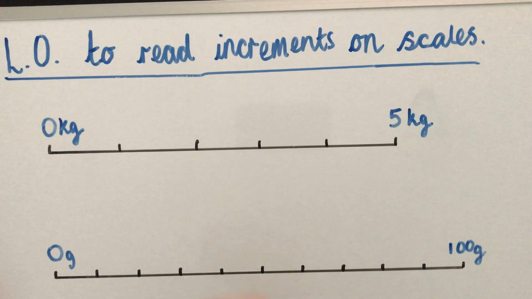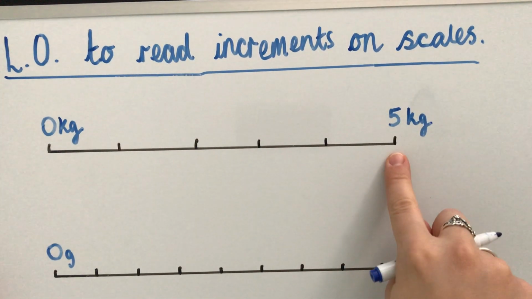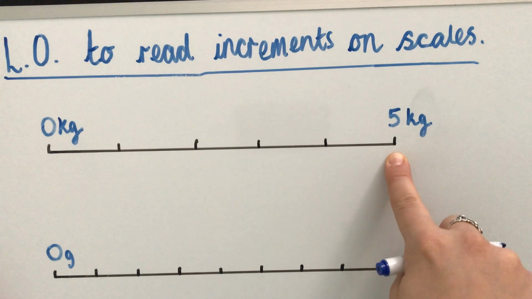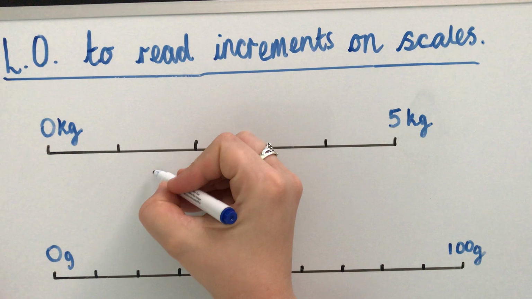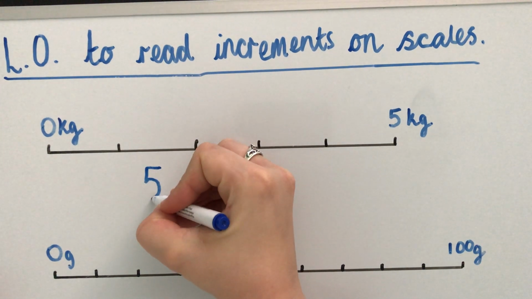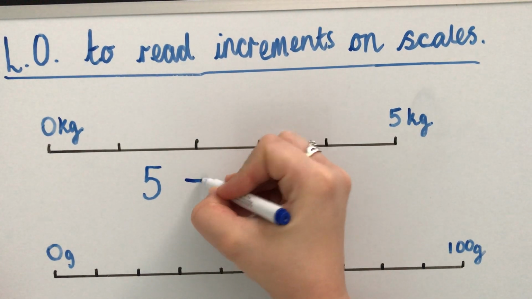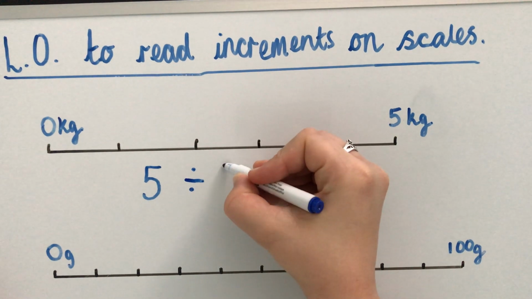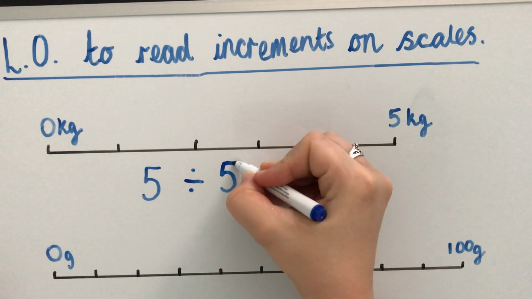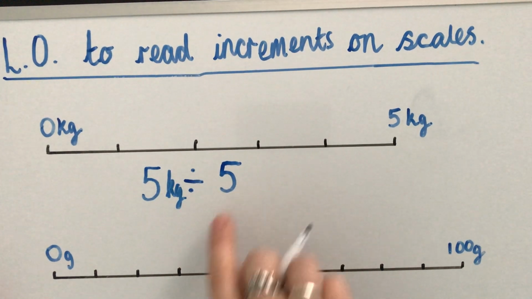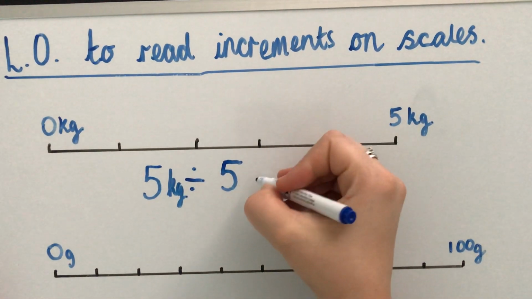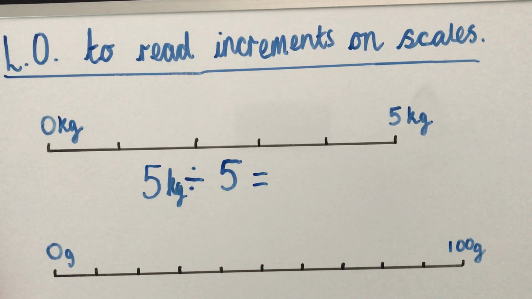So there are 5 increments from 0, and our first number that we get to after 0 is 5 kilograms. So all we need to do is say 5 divided by 5. Okay, so that's 5 kilograms divided by 5. You can tell me how much that is.